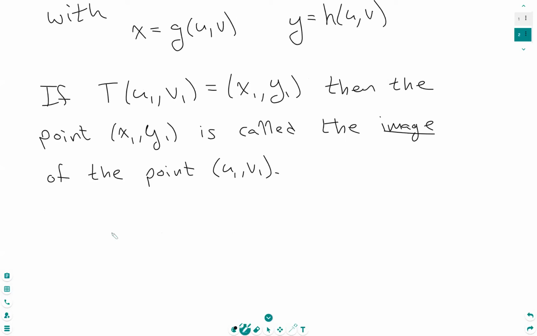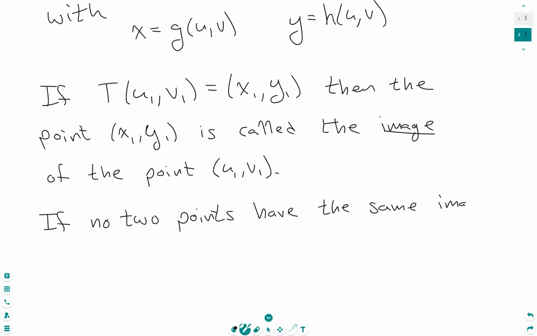So now we're going to do some definitions. If no two points have the same image, then the transform T is called 1-to-1.